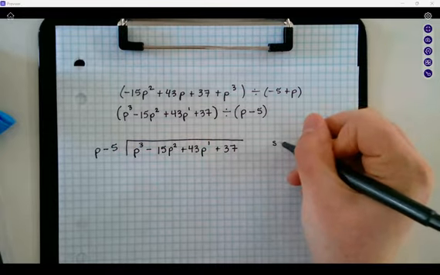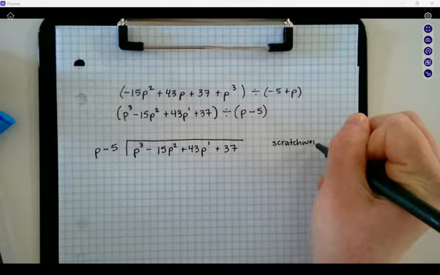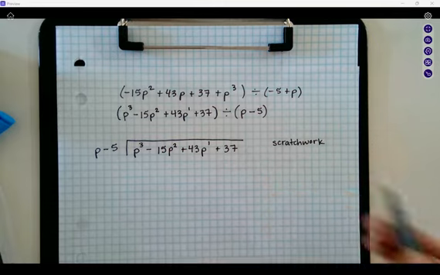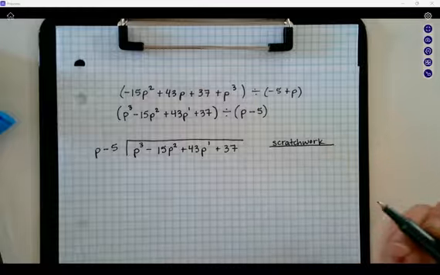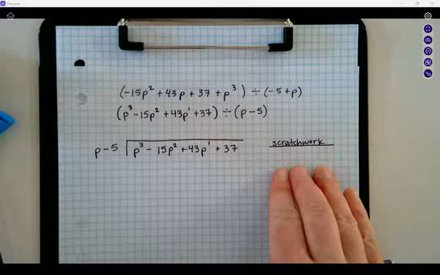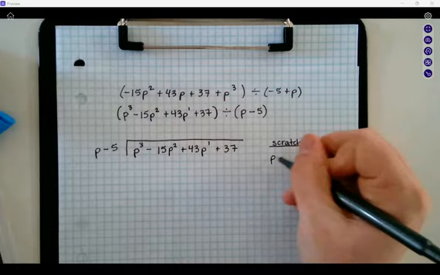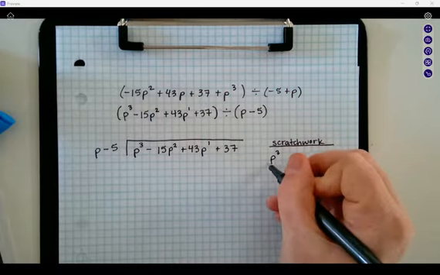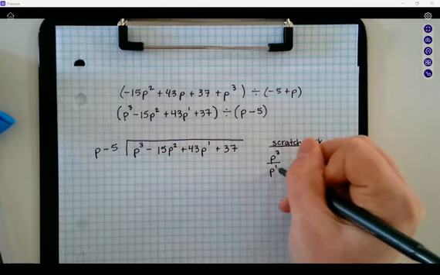And again, just for simplicity, I know some people are really good about doing it in their head and the long division to find their quotient. And that's actually how I was taught. I know a lot of people need to see where the values are coming from, so I am going to do the scratch work method. So we're going to take our first term of our dividend, p cubed, and we're going to divide that by the first term of our divisor. So it's p to the first power.